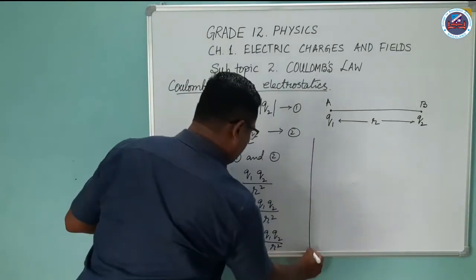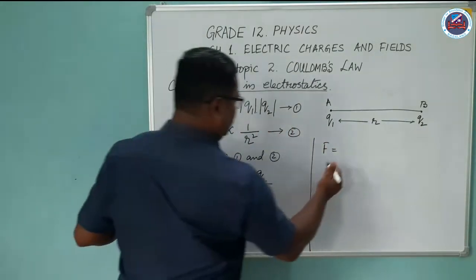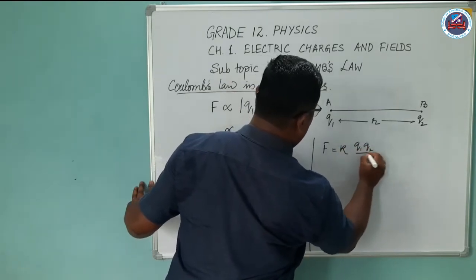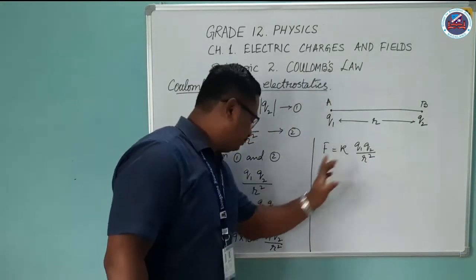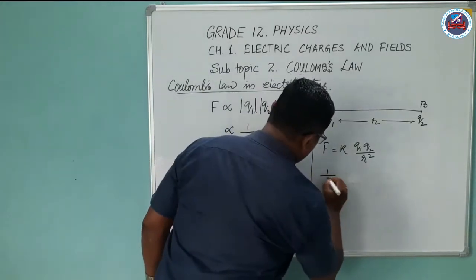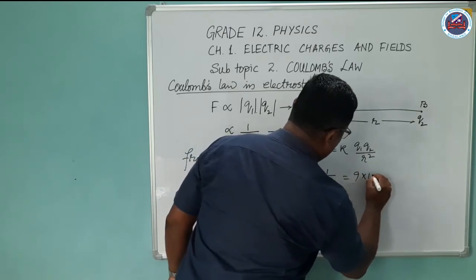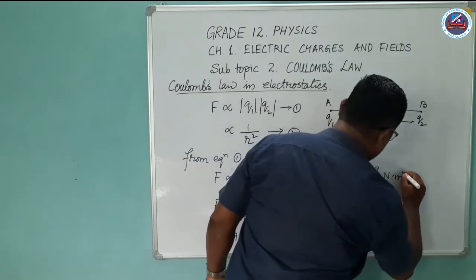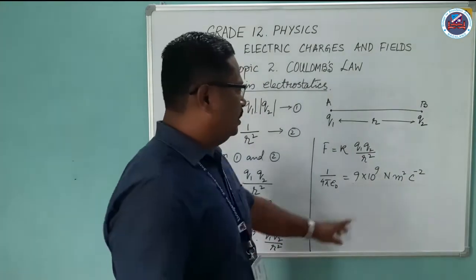Sometimes we can even write it as F is equal to k Q1 Q2 divided by R square, where this constant value is represented by the small letter k. This small letter k, or this term 1 by 4 pi epsilon naught, as I have already said, is 9 into 10 to the power 9 Newton meter square per Coulomb square. It's a dimensional constant.